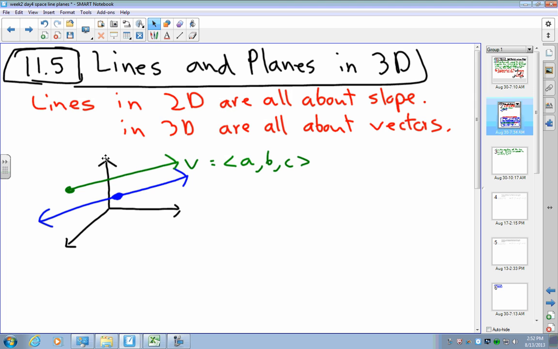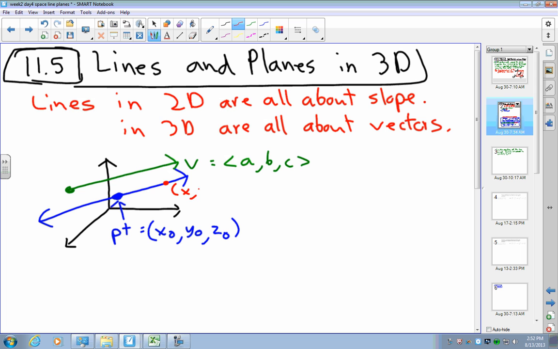Now, let's label the point. This is the specific point, and we'll call that point x naught, y naught, z naught. And we know that any other point on the line, we'll call x, y, z.